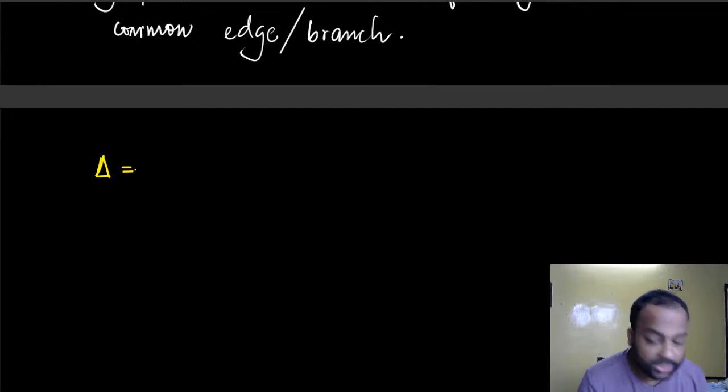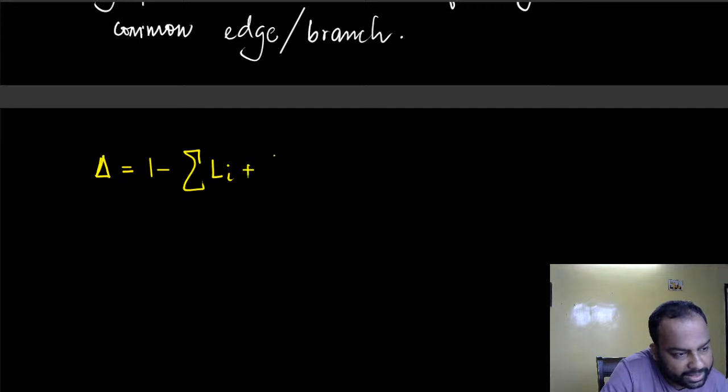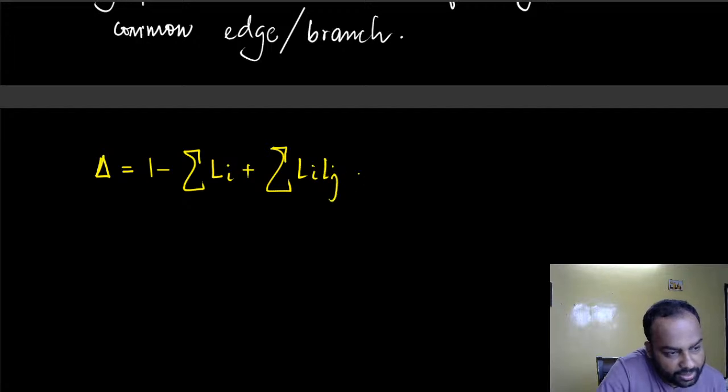So let's calculate delta. Delta was 1 minus summation Li plus summation Lij Lj minus summation Li Lj Lk plus and so on.